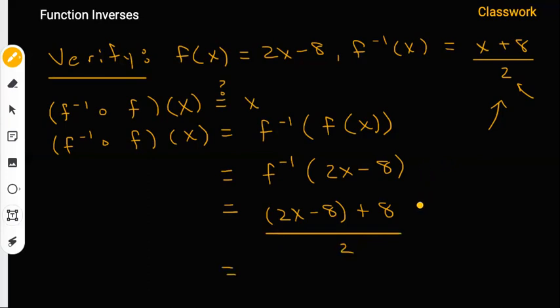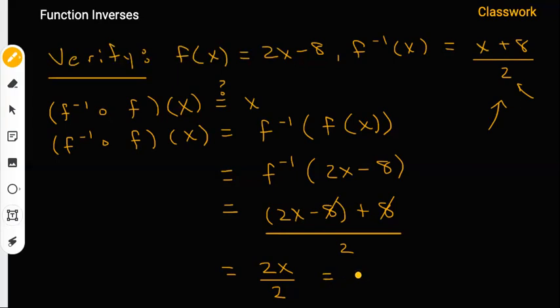Okay, so really quickly on top, the negative 8 and the positive 8 are going to cancel each other out. So I'm just going to cross them out. And what am I left with at the top? I'm left with a 2x. And I still have a 2 on the bottom. But when I divide 2 by 2, those are going to cancel out to give me 1.